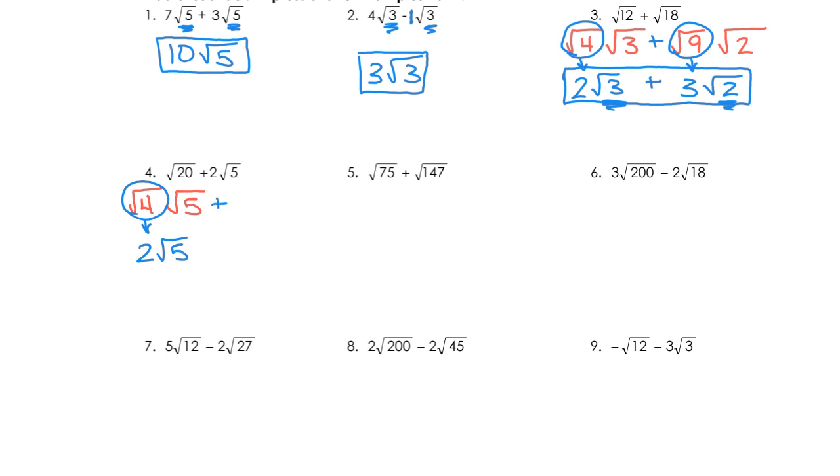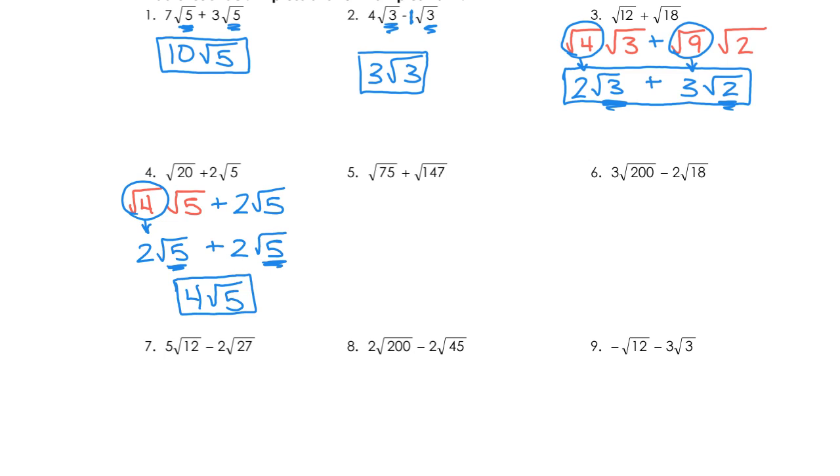And if you notice, first off, there is no perfect square that goes into square root of 5 besides 1, but 1 does not help simplify our radicals. And so this will just keep coming down. And now they will be able to go together because they are like radicals. They have the same number underneath the radical. So 2 square root of 5 plus 2 square root of 5 is 4 square root of 5. And that's simplest.